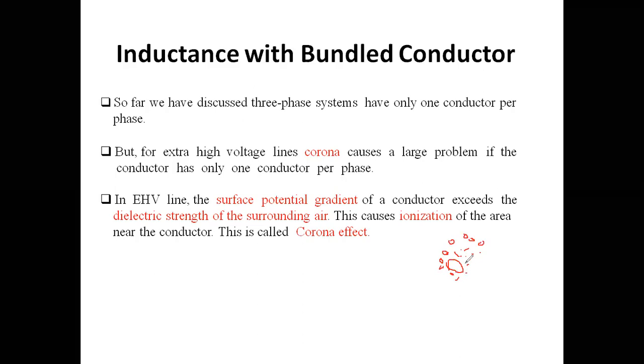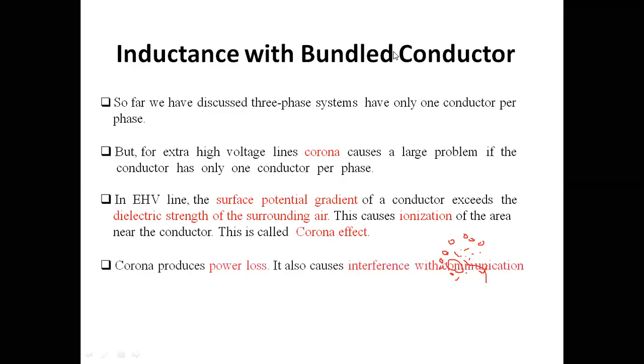When the voltage is very high, this process is very easy, and due to this process it may create some conducting path through air, or arcing current through the air, or sparking. Here you can see some violet glow in the line, or some hissing sound, and this type of effect is called the corona effect.